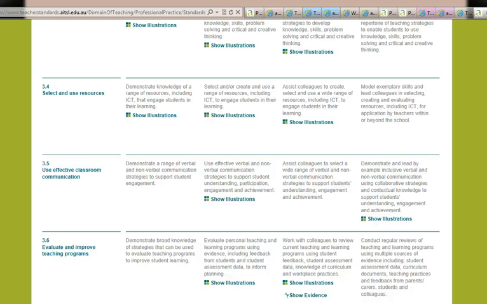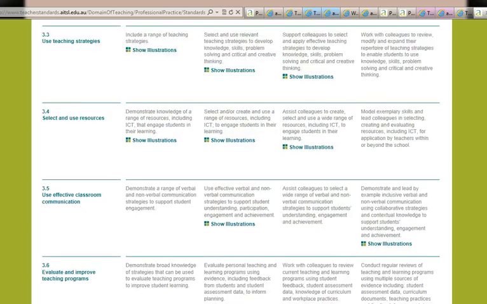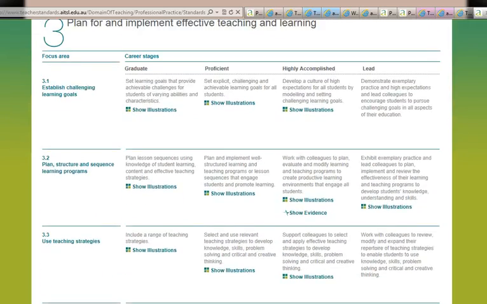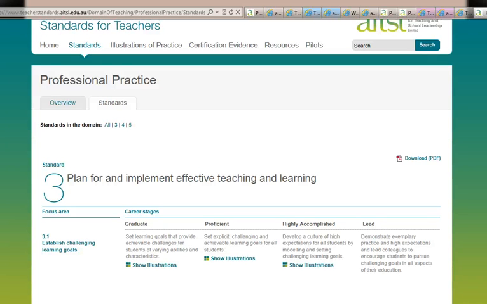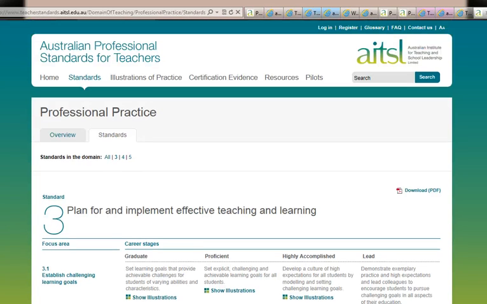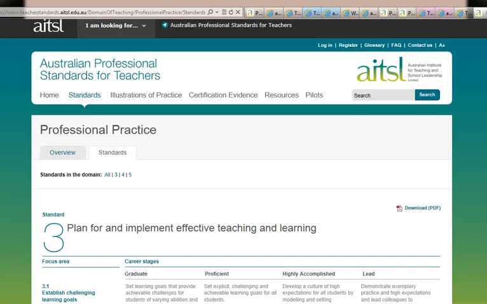What can I learn from this lesson about my teaching, but also about student learning that helps me plan the next learning? So there is a lot to be gained by looking at the professional standards and exploring how teachers move from the graduate through to lead level in their understanding and implementation of this element of professional practice.